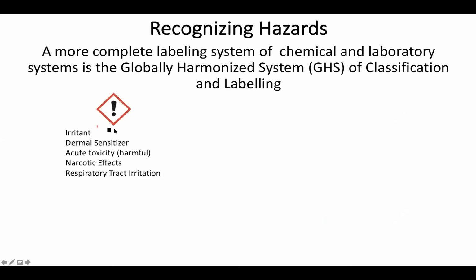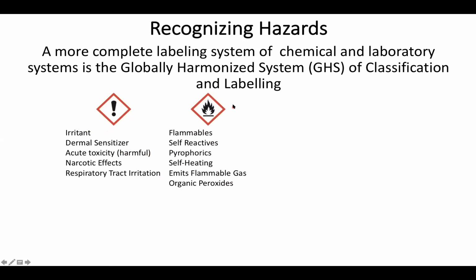For example, when we see this exclamation mark, it tends to mean that we have an irritant, but it can also include things like dermal sensitizers, things that show only acute toxicity that are harmful but not deadly, narcotics, or things that are just respiratory tract irritation. So again, these are things that hurt but won't kill you.